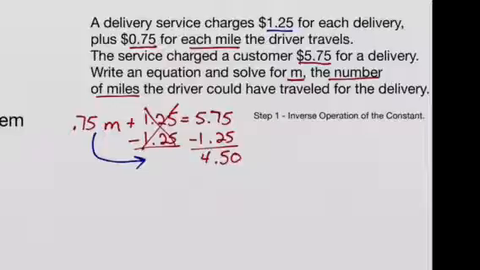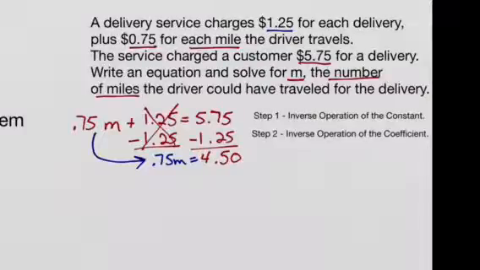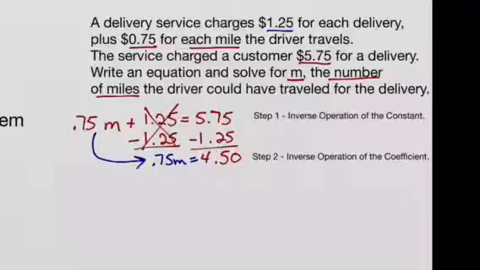That way we keep it up with the current line. So let's go ahead and do that. So we have 0.75 M equals $4.50. So now I have to move on to my next step. Step 2, inverse operation of the coefficient. So let's go ahead and get that right down next to where we're going to be doing the step.